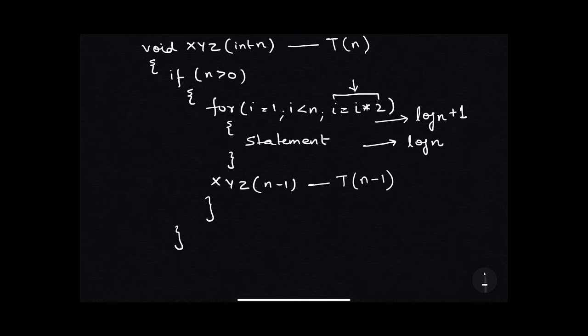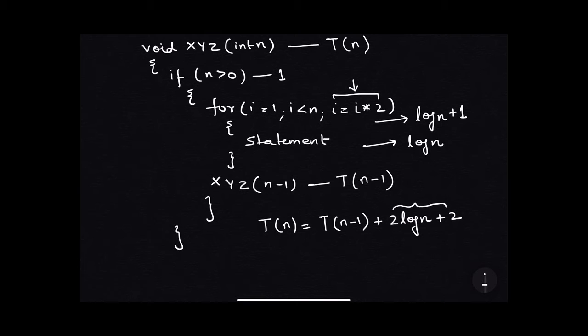So the total recurrence relation that we get is T(n) = T(n-1) + 2 log n. I can say that the if statement also took 1 unit of time, plus 2.